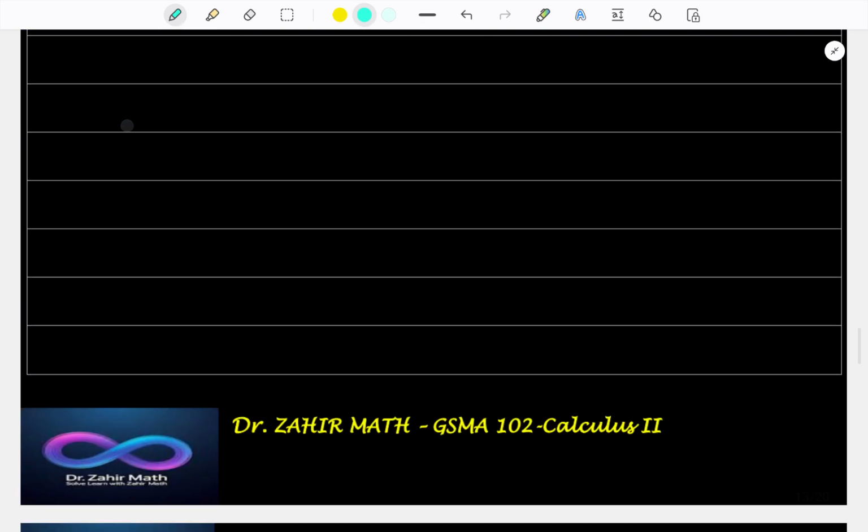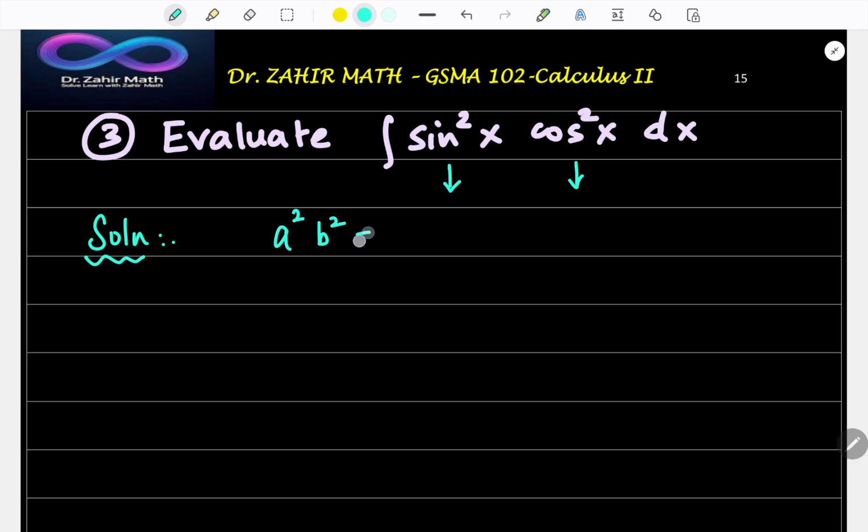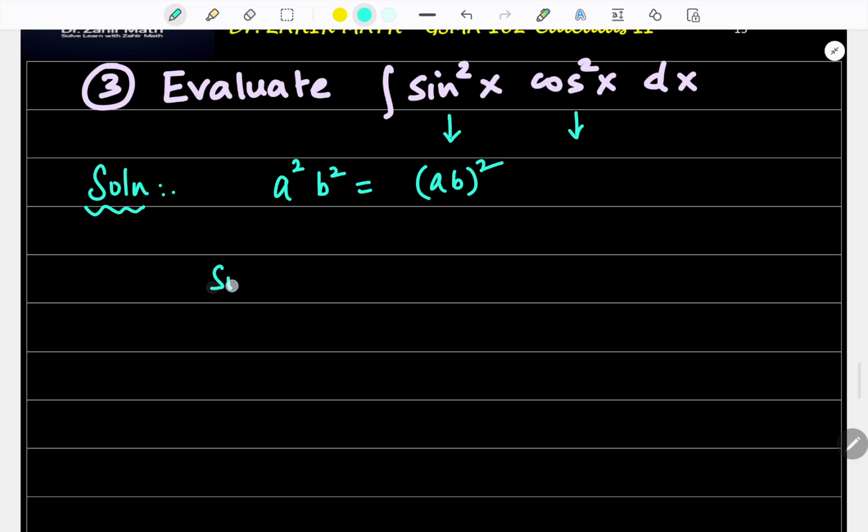Let's go to the next question. Wow, again, right? Both are even powers. Do I need to use the formula for this one, teacher? If both are even, keep in your mind, we are going to do something. A square, B square, we can write as AB the whole square. Listen carefully. So sin²x cos²x is equal to (sin x cos x) the whole square.